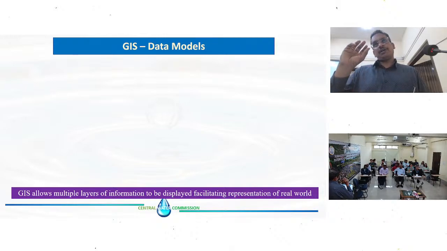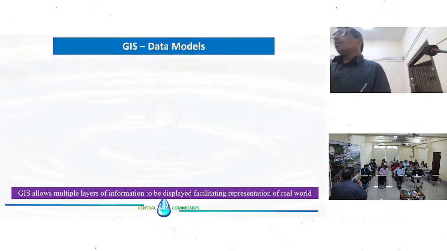You can even show maximum elevation, but generally we go for average elevation. That is a raster data model, where the size of the pixel depends on whether you have a very good sensor, in which case you can have very fine resolution.